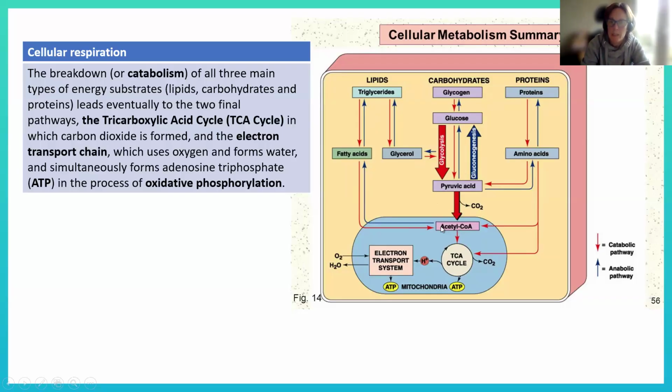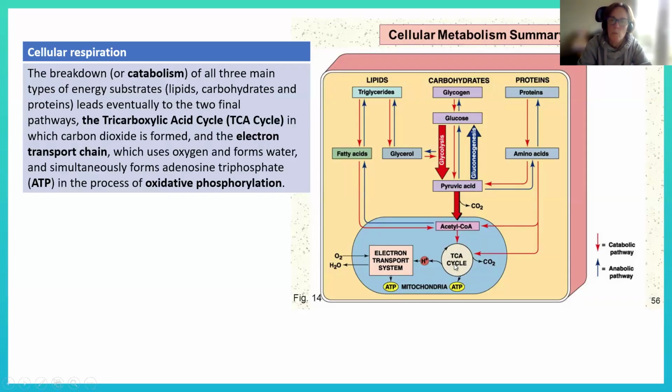Everything can end up being converted into this really important molecule, acetyl-CoA. Then that can go into this pathway called the TCA cycle, which is a big load of reactions, which can then go into something called the electron transport system, sometimes called the electron transport chain, which I tend to call it just because that's what I learned when I did my A-levels many moons ago.